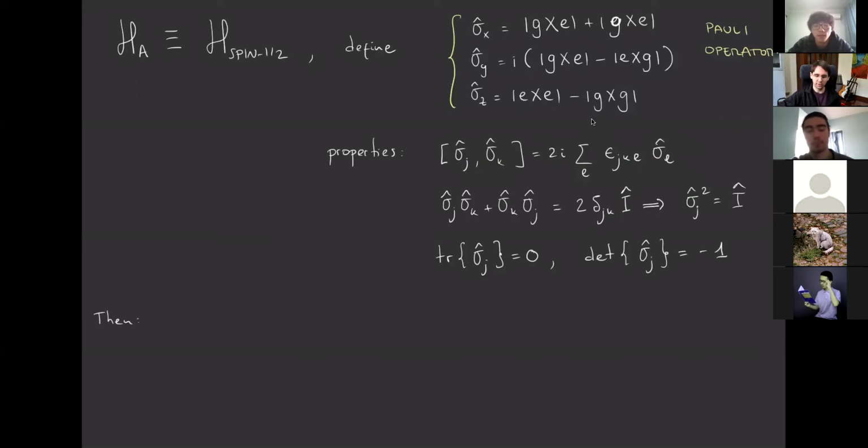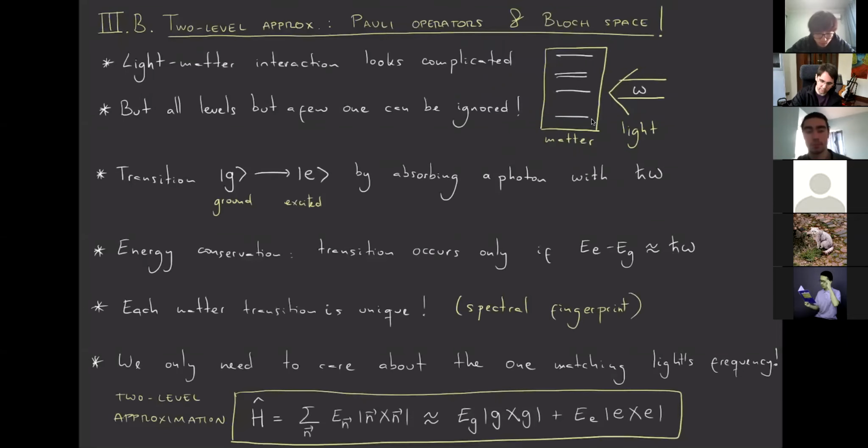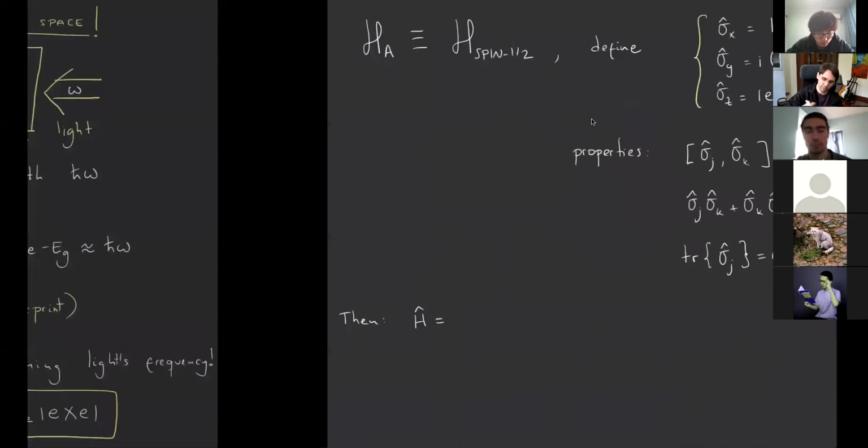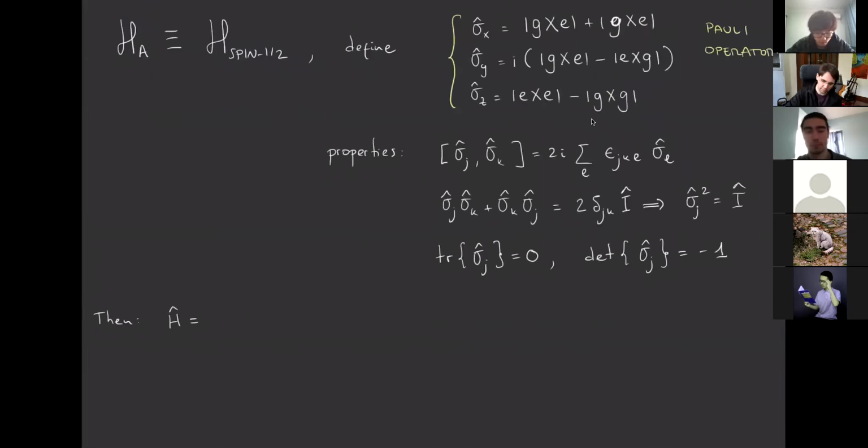So now that we have defined these operators, let me rewrite the Hamiltonian in a much more convenient way. The Hamiltonian, I remind you, is this one in here. So we have the ground state energy times the projector on the ground state, and the excited state energy times the projector on the excited state. But I can always add and subtract identities such that I rewrite the Hamiltonian in this funny form.